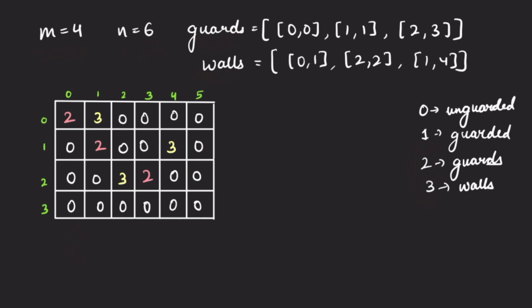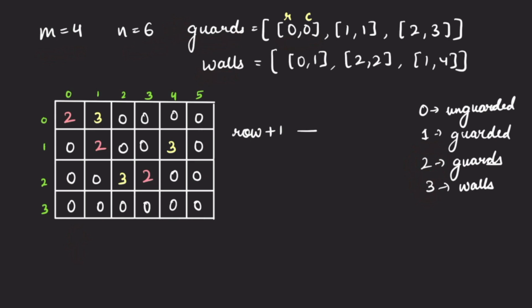Now what we will do is, we will iterate inside these guards, and we will take one guard at a time, and we will move in all the 4 directions, right? So this will denote the row and this will denote the column. First you will move in row plus 1 direction until you reach the end, or in between there is another guard or a wall, right?